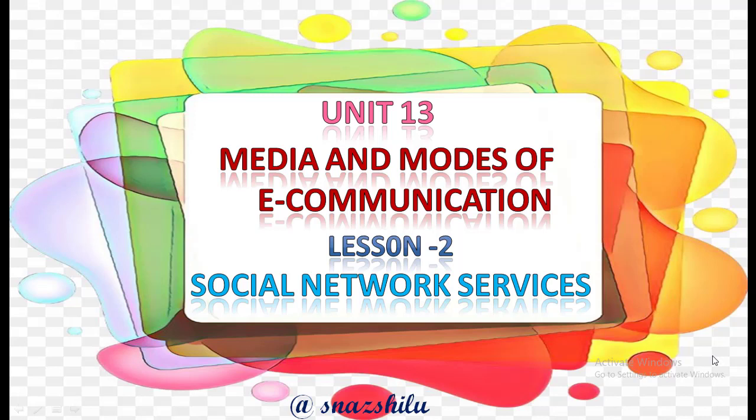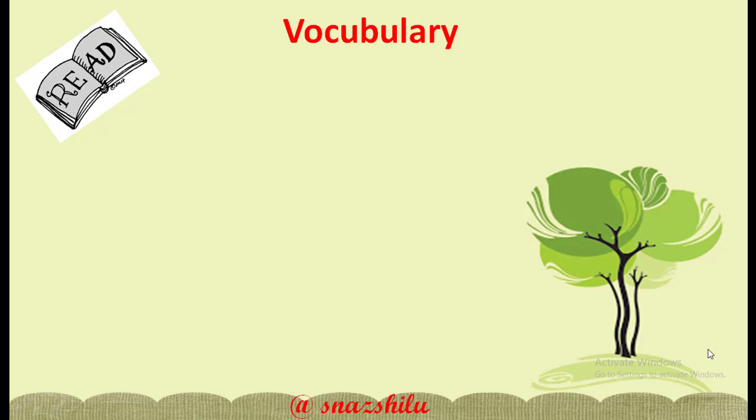So, students, before going through the passage, we should know the meaning of some important vocabulary from today's lesson. Let's go to read the vocabs. Students, our first word is facilitate. That means ease. Actually, make an action easy or easier.